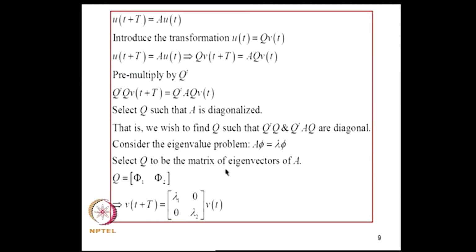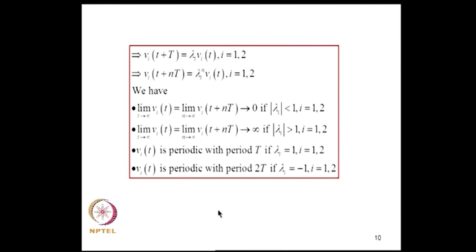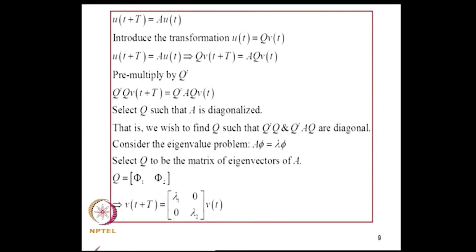Now, we select Q to be the matrix of eigenvectors of A, that is phi 1, phi 2, and we can show that v of t plus T is lambda v of t, because the eigenvectors will be satisfying the conditions phi transpose phi, I can normalize them such that this is true, and then Q transpose A Q will be some diagonal matrix lambda, which is the matrix of eigenvalues of A as shown here.